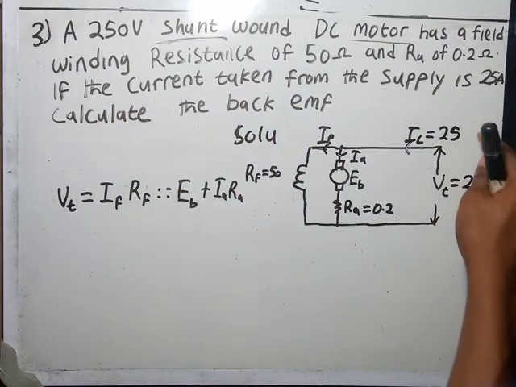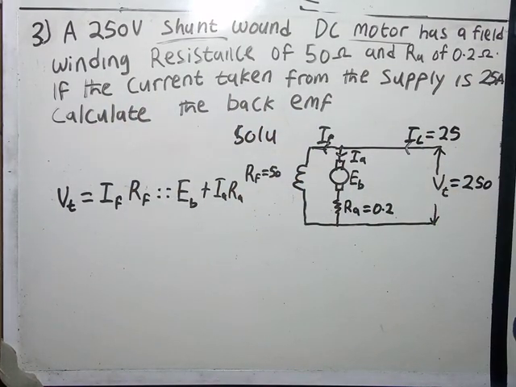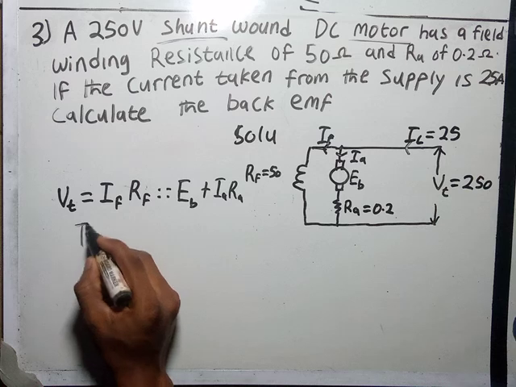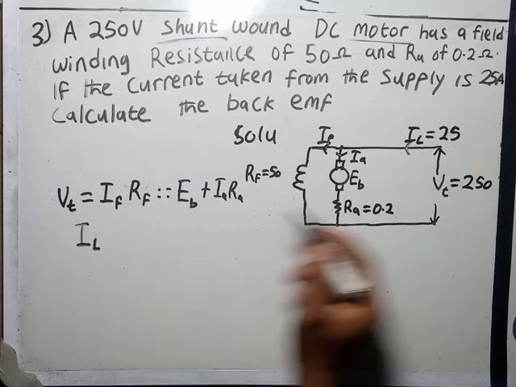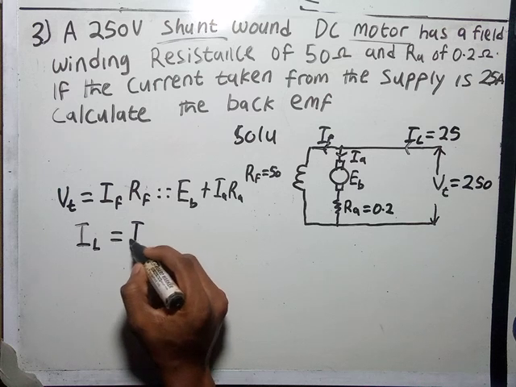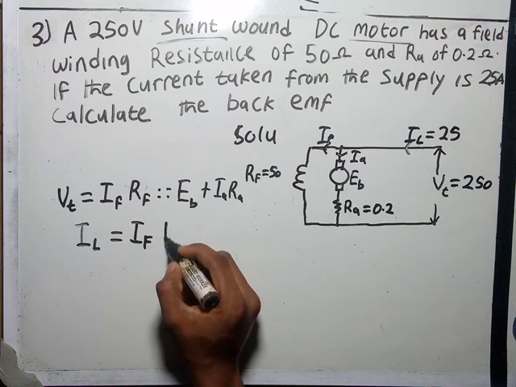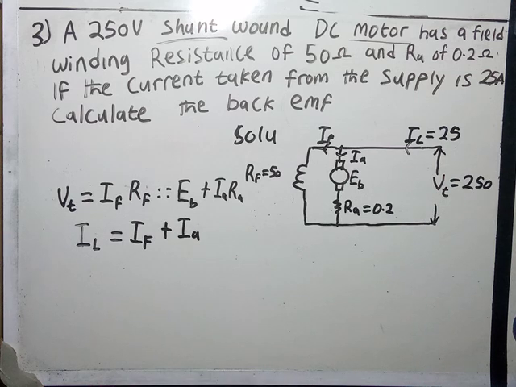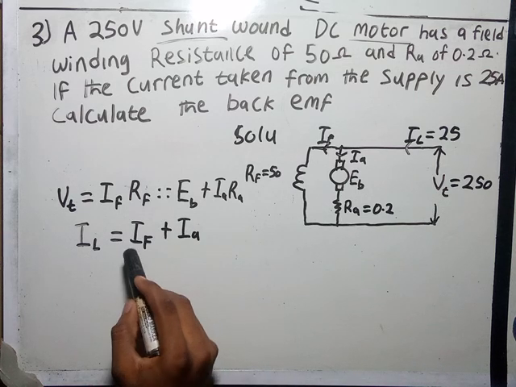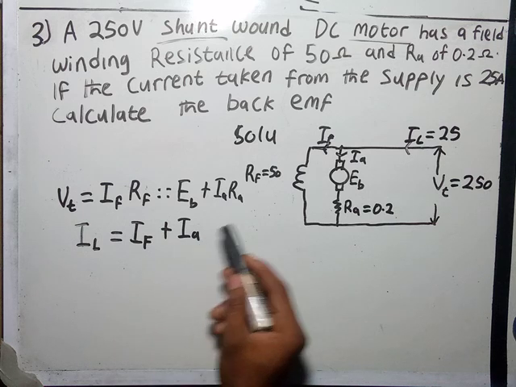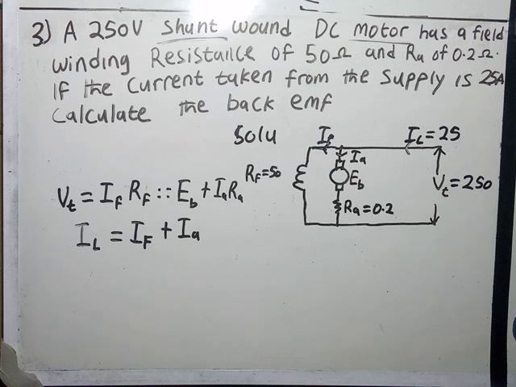The only current that was given was this one. Using KCL, IL, which is the one entering this node, is equal to IF plus IA. If there's a way we can get our IF, we can get IA, since we already know IL.